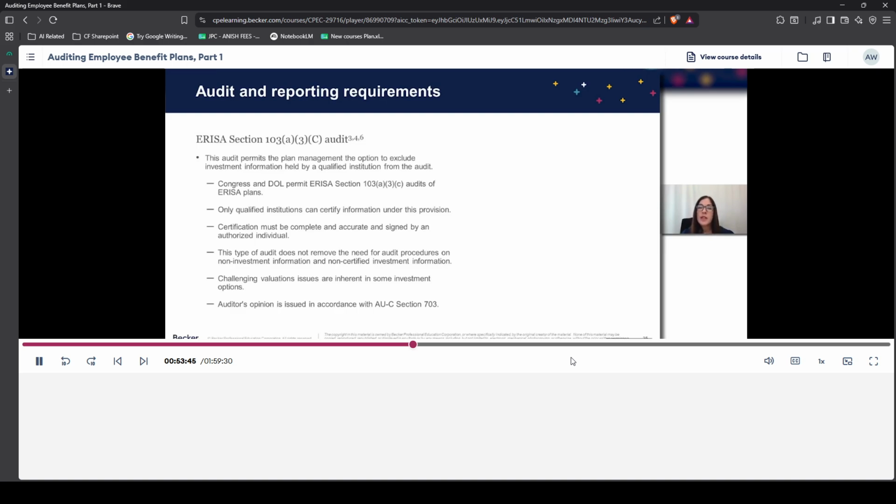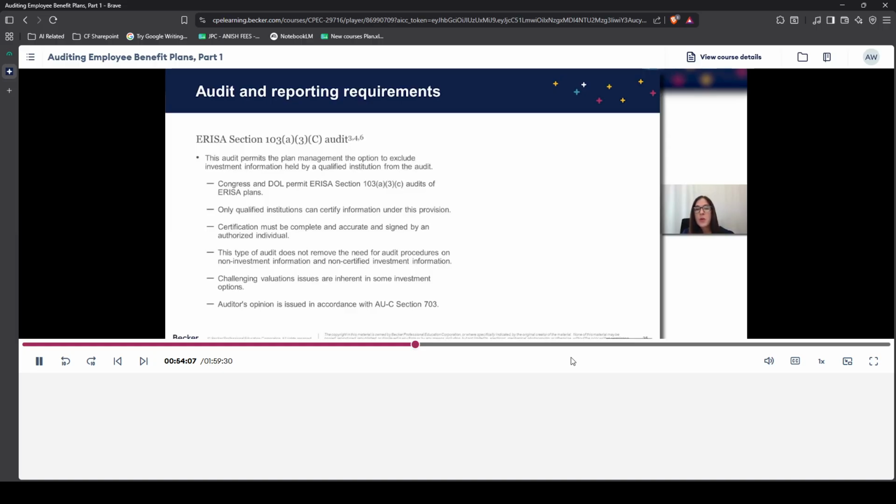That would then allow management to direct the auditor to perform an audit in accordance with ERISA Section 103(a)(3)(C). With this type of audit, the auditor is going to be issuing an opinion on the certification itself, as well as an opinion on the financial statements.